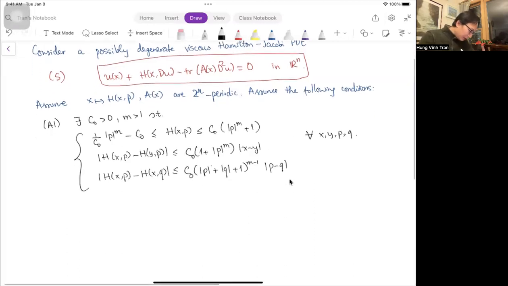All right. And then the assumption number 2 is that we assume that the matrix A(x) is degenerate elliptic and has a Lipschitz square root. So what do I mean?